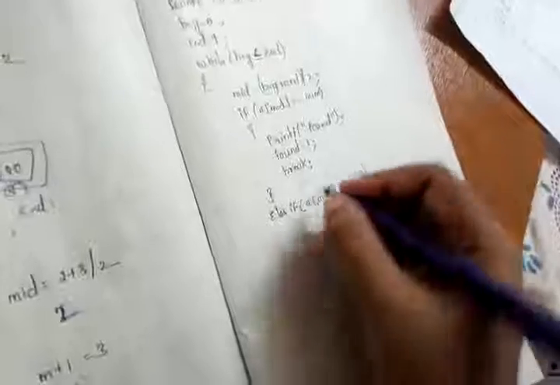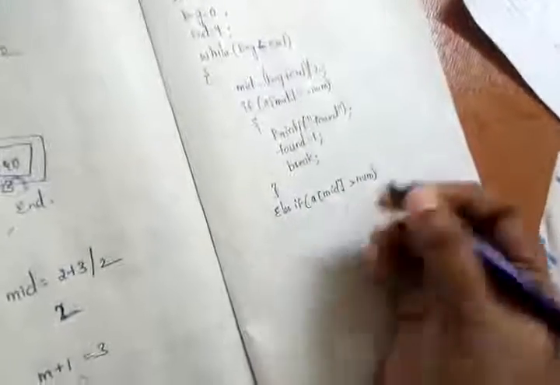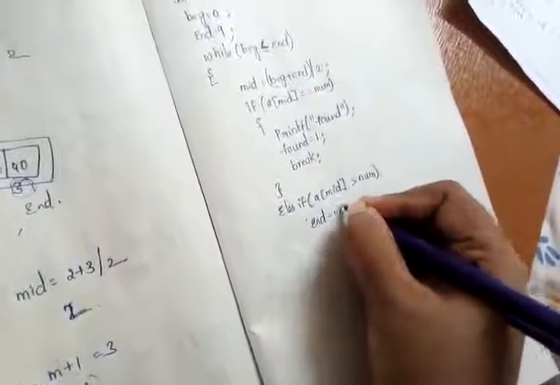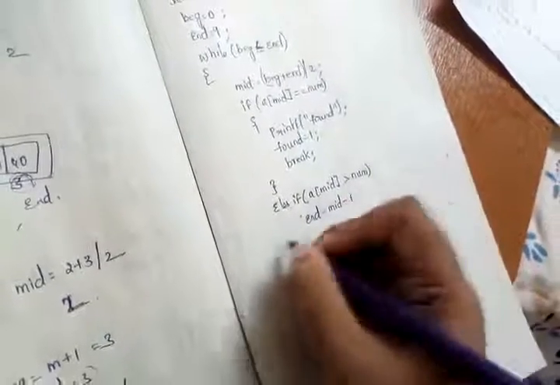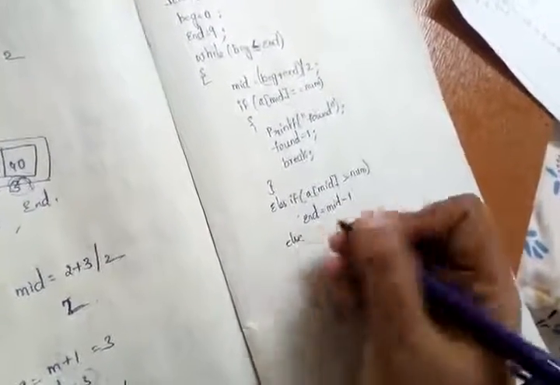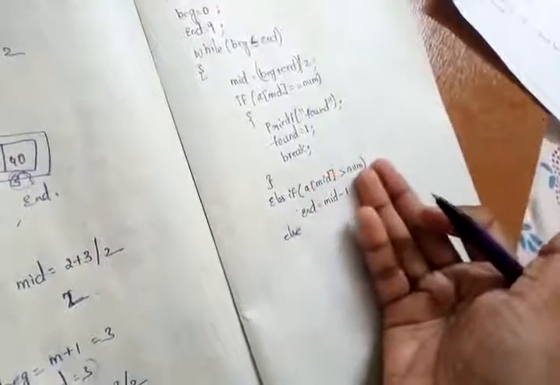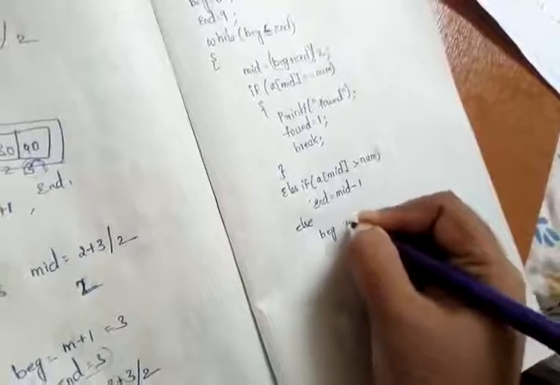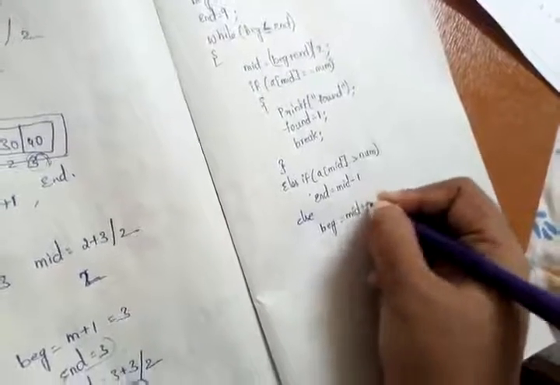First half, in the sense, beginning will be as it is, and you need to change the end index to mid minus 1. Else, in the sense a of mid is less than num, then you need to change beginning to mid plus 1.